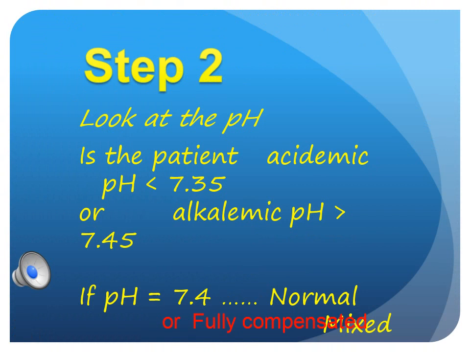And if the pH is more than 7.45, it is definitely an alkalosis. So this is one prime step in the evaluation of an ABG. And if the pH is 7.4 or normal, we can have a mixed or a fully compensated disorder, which can be verified by the other parameters.